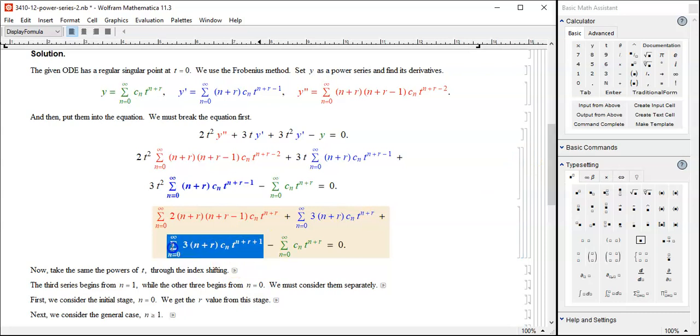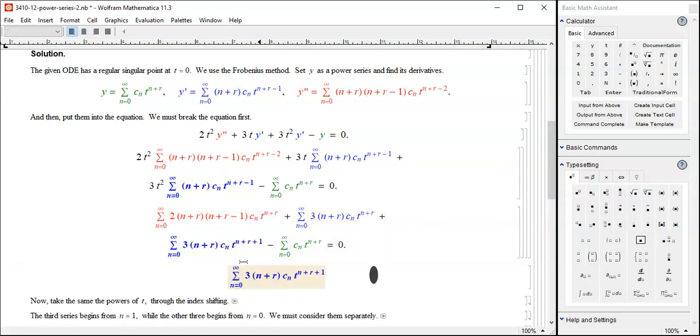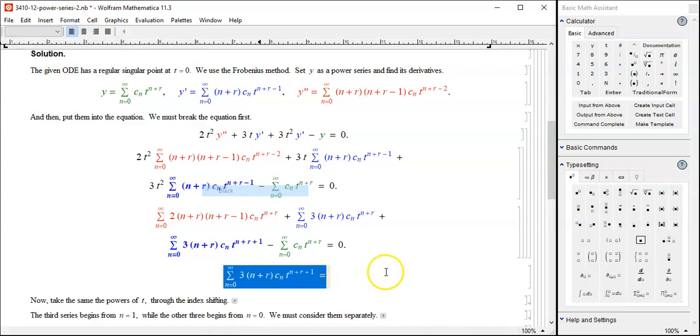So from here, and I don't need bold anymore. And then I don't need different color anymore. From here, I have to get this into n plus r power. So I need n minus 1 plus r plus 1 so that this whole thing becomes n plus r power.